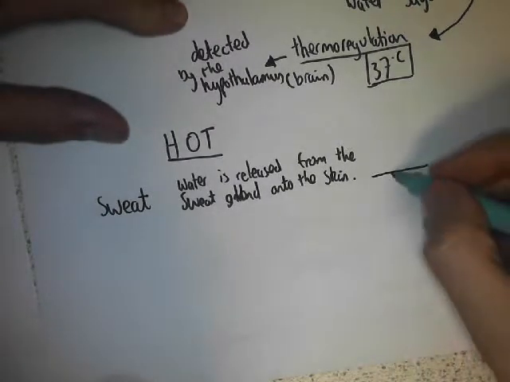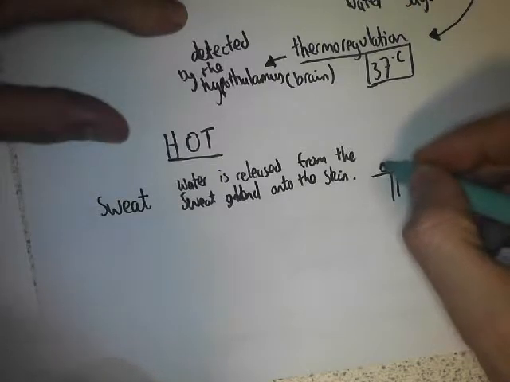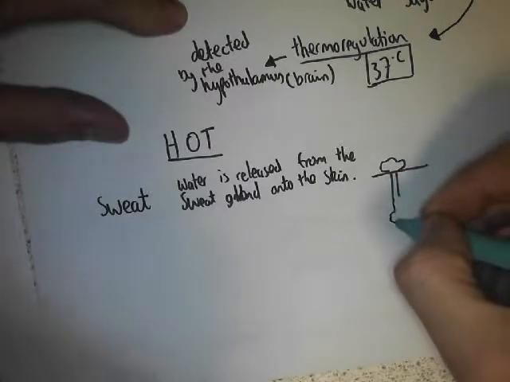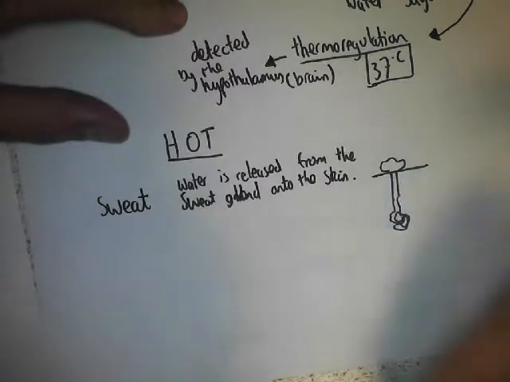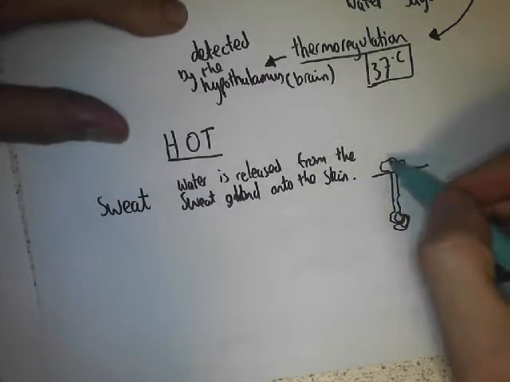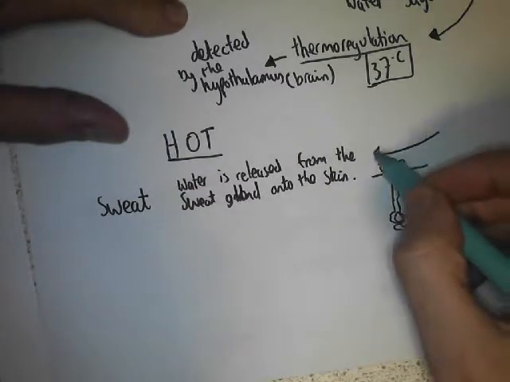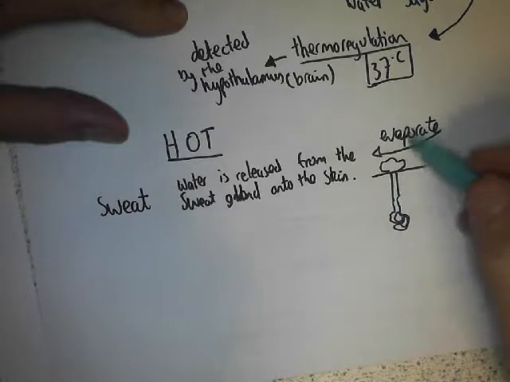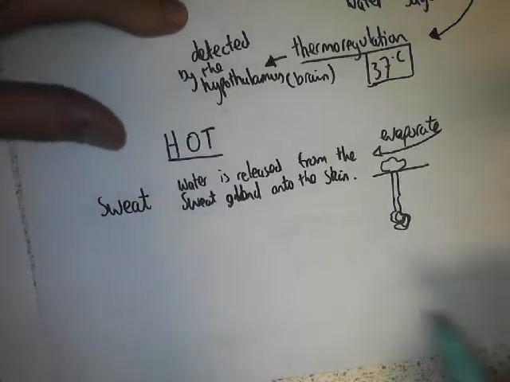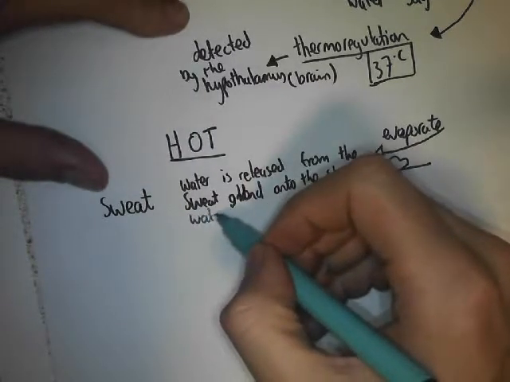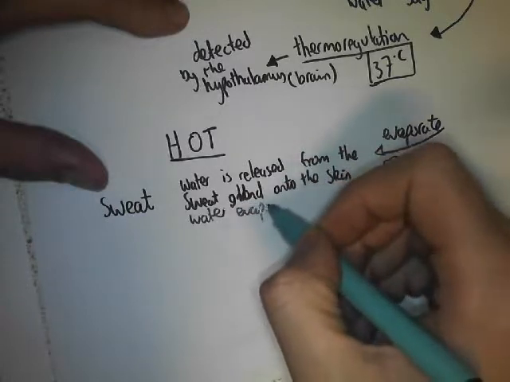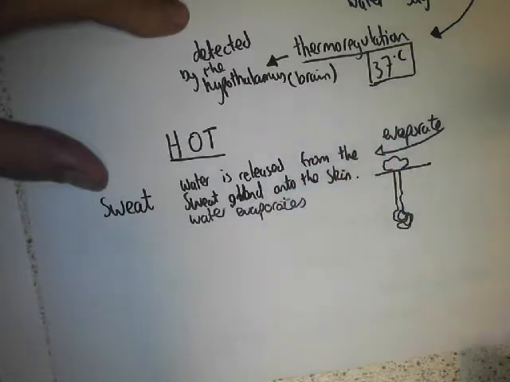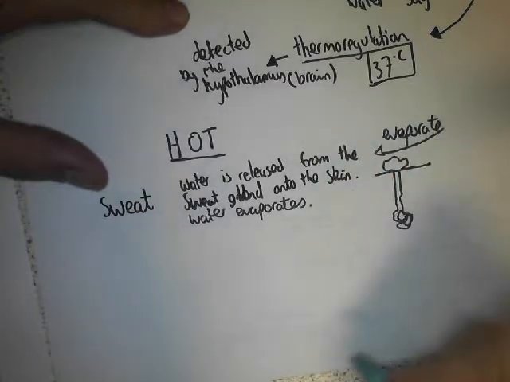So you've got your sweat gland running up here, and your droplet of water sits there. Your sweat gland is usually represented like this. And this water will evaporate off, and as it evaporates, it cools the skin down. So we can just put water evaporates. That's one mechanism.